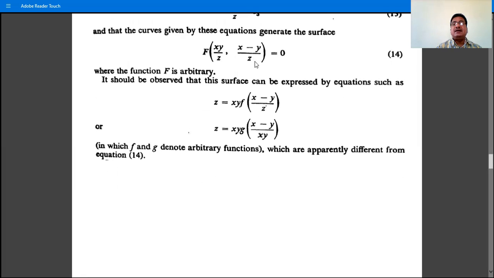Substituting z as x into y, we have z is equal to x into y, g of x minus y. So no need of this format; write directly this as the last solution. This is the general solution of the given differential equation.